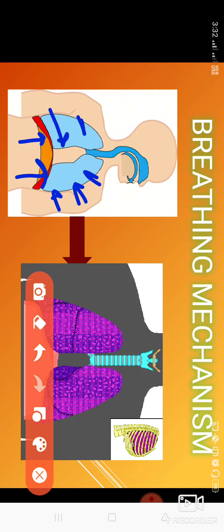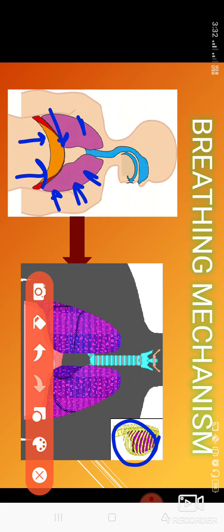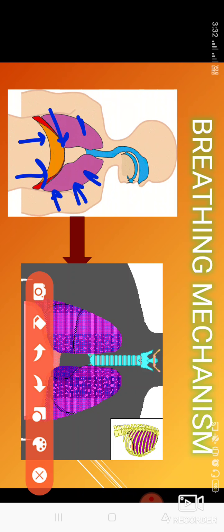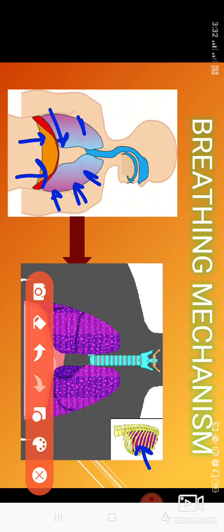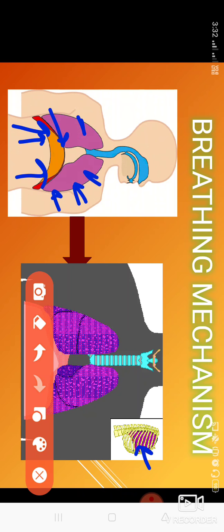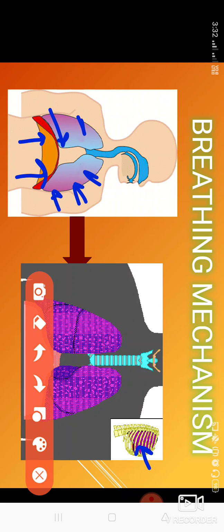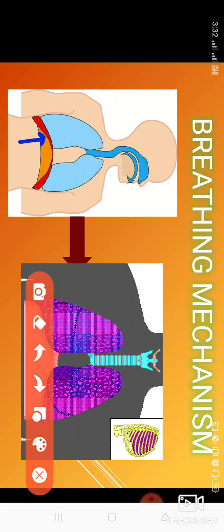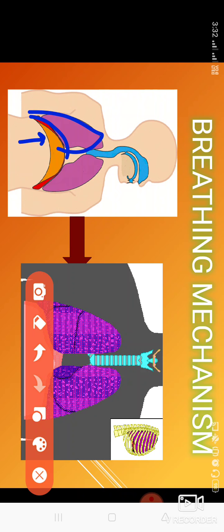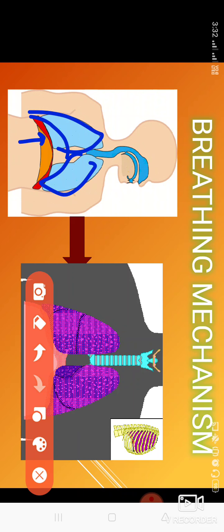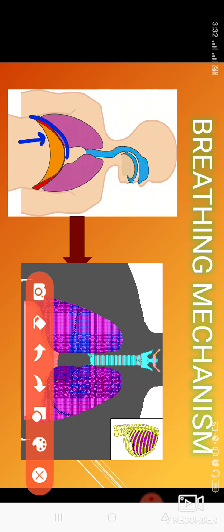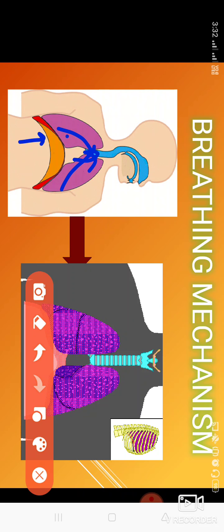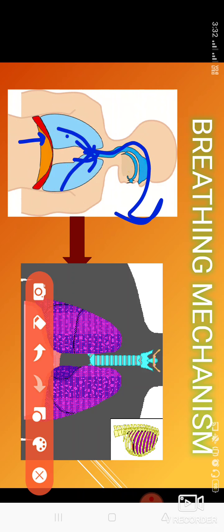You can see the ribs shown here, and the rib muscles are moving inside. When the rib muscles move inside and the diaphragm moves upside, the lungs become smaller, and in this manner they release the air which is present in the lungs to the outside.